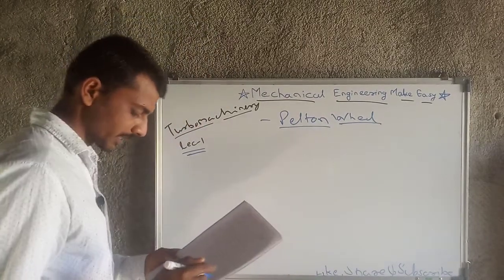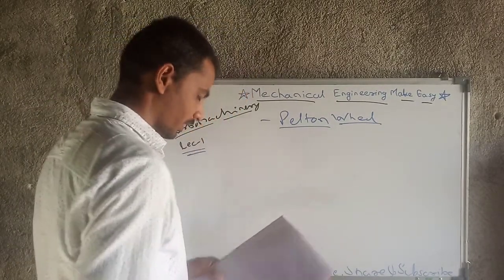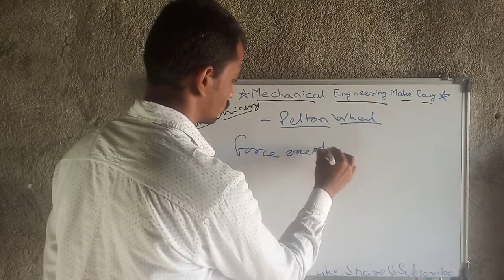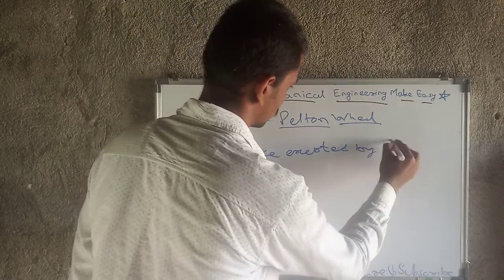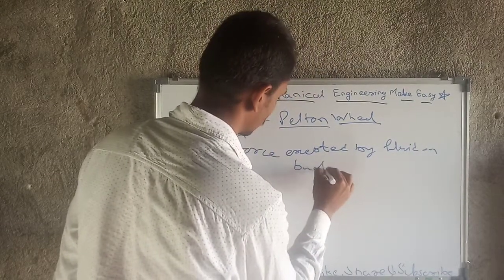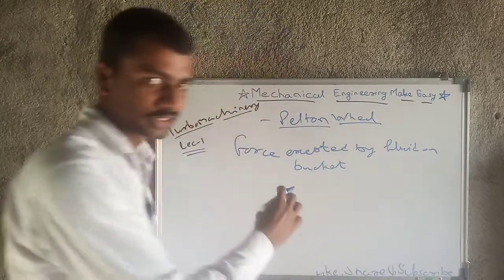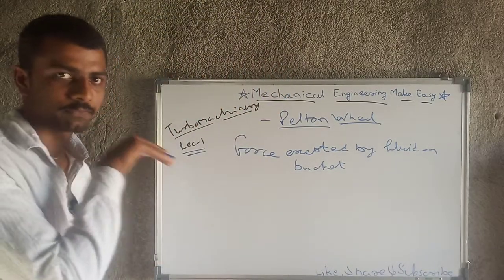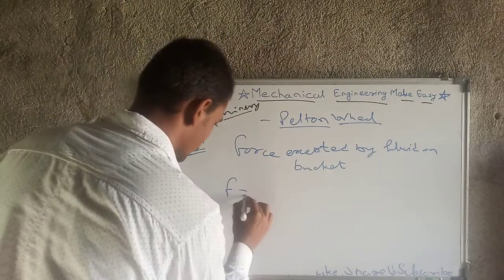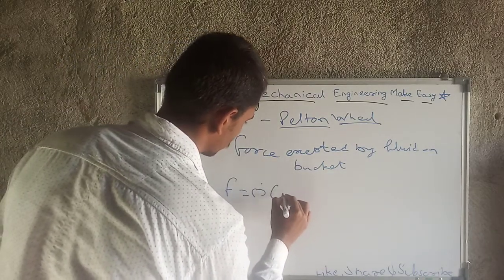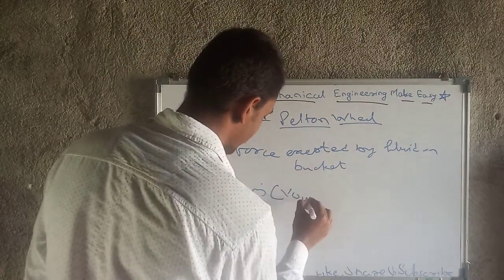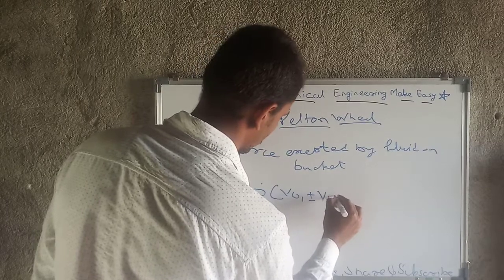So, forces exerted by fluid on the bucket. The force exerted by the fluid on that bucket is denoted by F, which is equal to m dot into (Vw1 plus or minus Vw2).